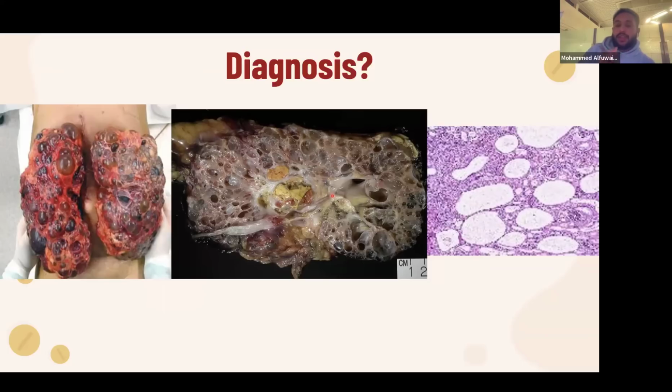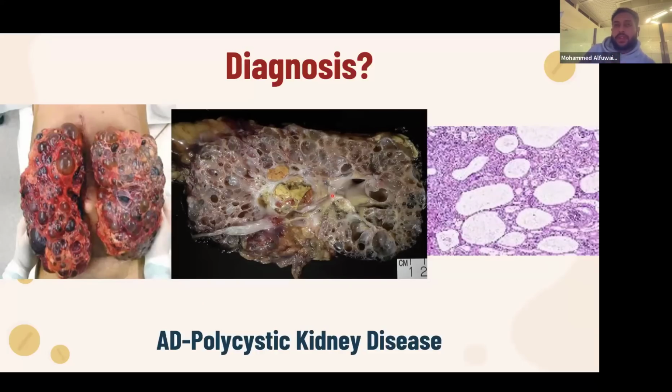Excellent, good. So ADPKD is a cystic renal disease that occurs in adults, usually during the fourth to fifth decades, which is around the 40s to 50s, and usually presents with hypertension, headaches.